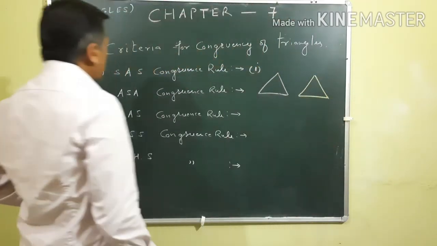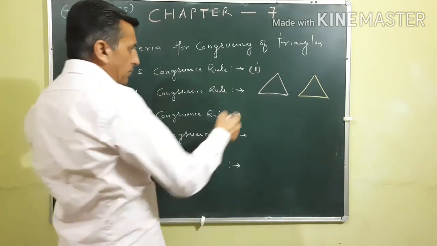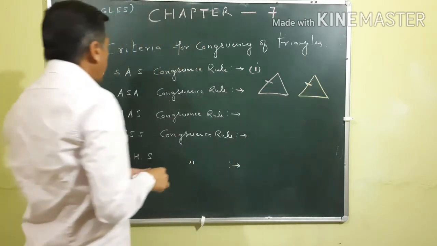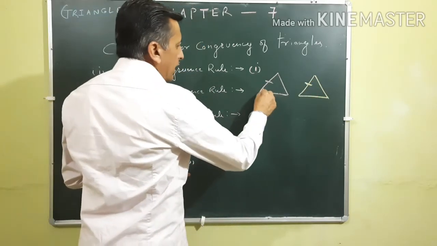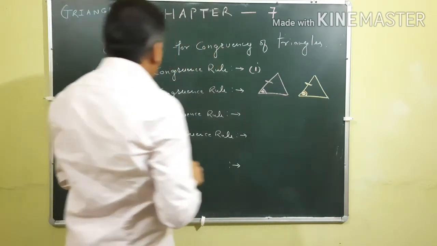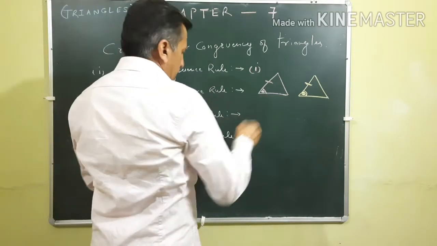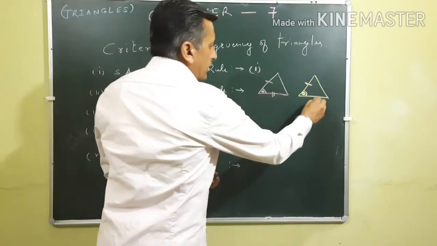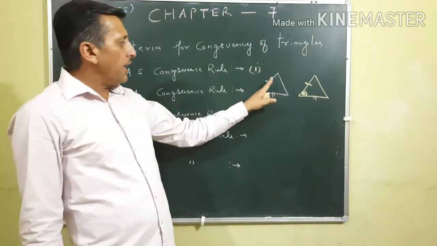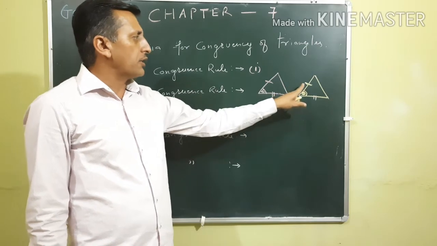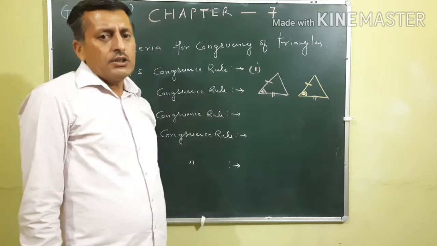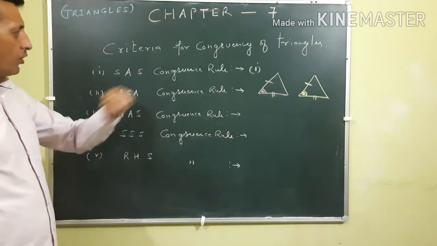If a side of one triangle is equal to a side of the other triangle, and then an angle, this angle is equal to this angle, and then this side is equal to this side. So if side angle side of one triangle is equal to side angle side of the other triangle, then we say these two triangles are congruent.